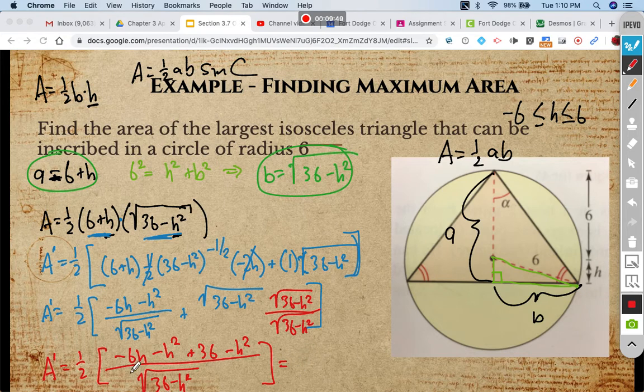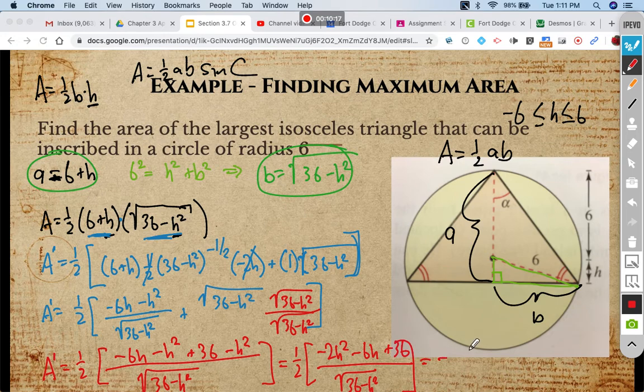When I do this, let's clean this up a little bit. We have 1/2 times negative 2h squared minus 6h plus 36 over my square root. I'm going to take out a negative 2.